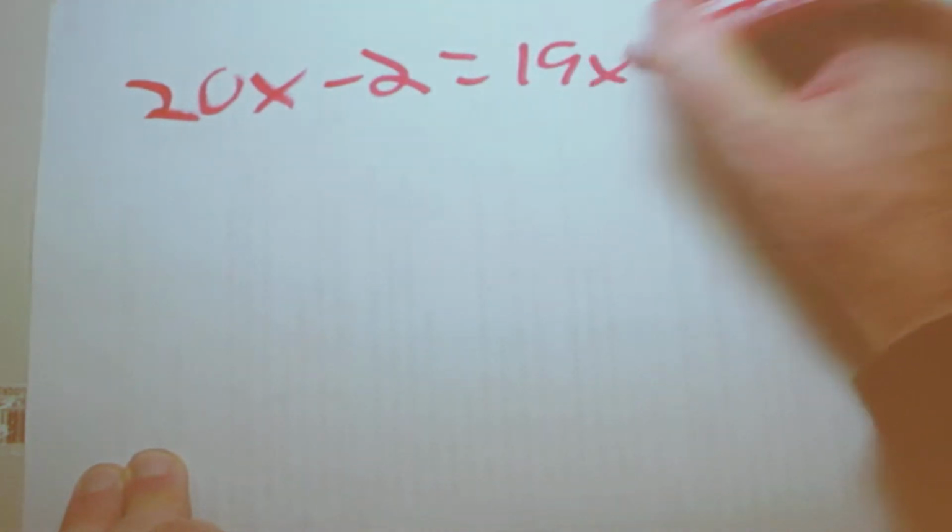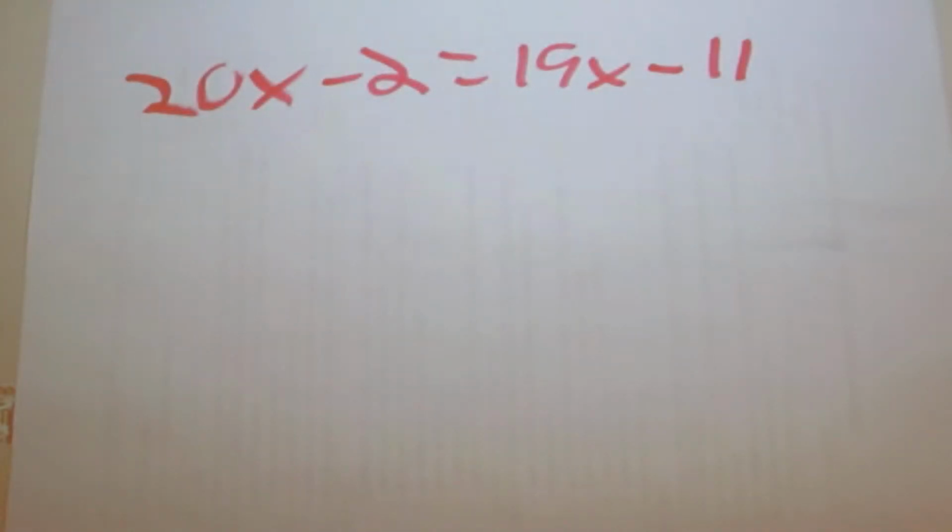Okay, then the next, we're going to solve an equation. Let's say that we have 20x minus 2 equals 19x minus 11. For this, all the like terms are already combined for each side, and I want my x to be positive, so I'm going to subtract 19x from both sides.